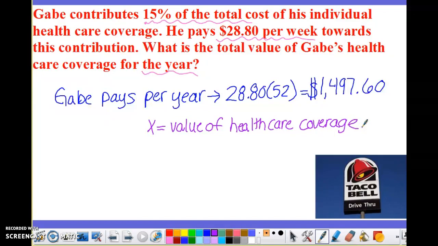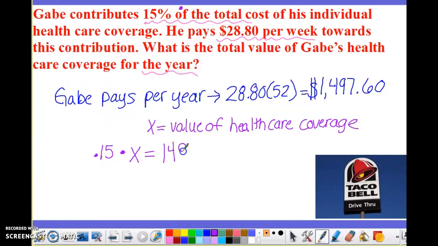So we know that Gabe's amount, how much he pays, is 15% of the value, or of the total, of the health care coverage. Of, in math, we know means multiplication. So we're going to say 15%, or 0.15, of, which is times the total cost, which is just the value of the health care, our variable X, is equal to what Gabe pays.